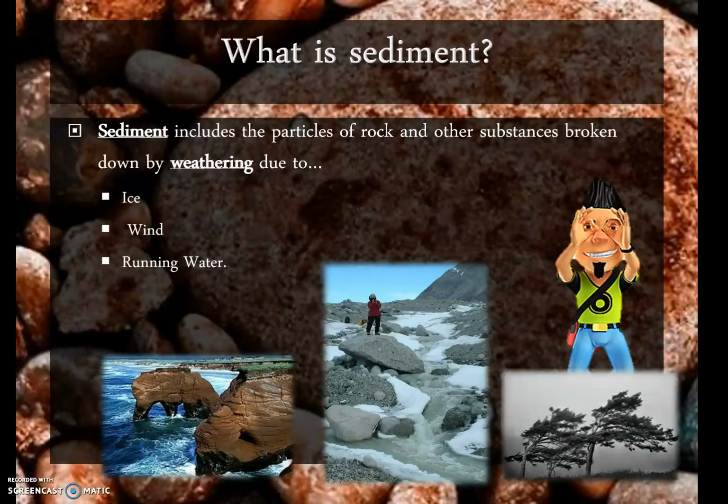The definition of sediment, besides what was on the previous slide, includes particles of rock and other substances that are broken down by weathering. And weathering was something that we learned about earlier in Unit 2. Weathering is the breaking down of rock due to things such as ice, wind, and water. So any of those substances that were mentioned on the previous page can be sediment.